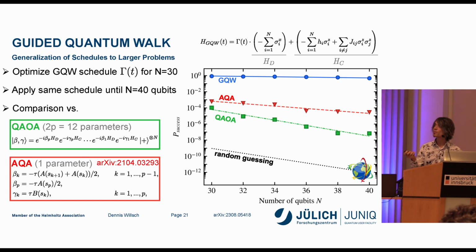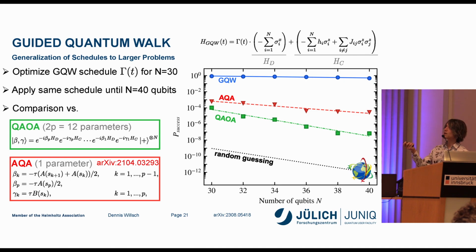So the result is here. We optimize only the 30-qubit problem again, and we apply the same schedule until 40 qubits. We see the ground state probability is increased with QAOA, but the scaling is not.